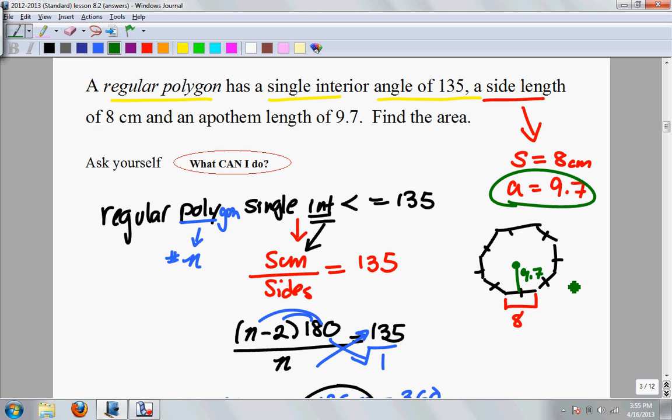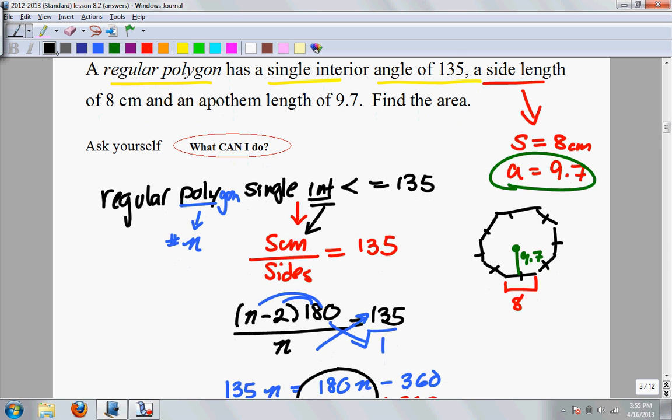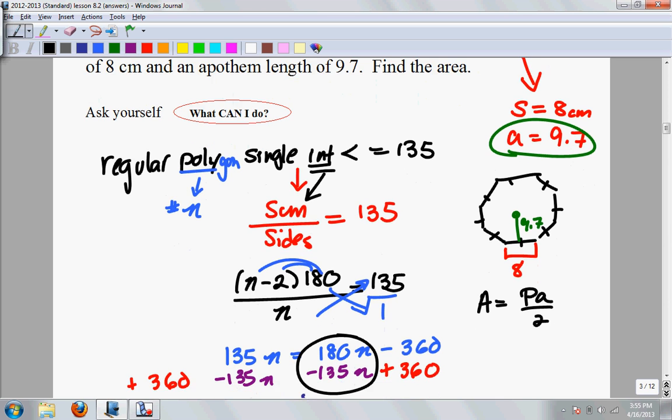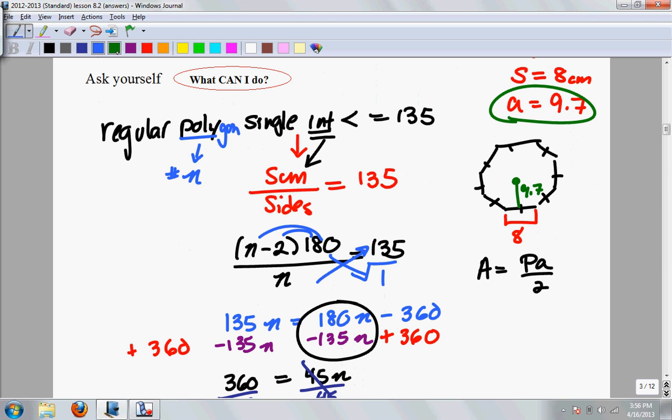Now we write out an equation for area of a regular polygon. So area equals pa over 2. So it's perimeter. So first we have to get perimeter. So that's 8, and then you walk it around. 1, 2, 3, 4, 5, 6, 7, and 8.